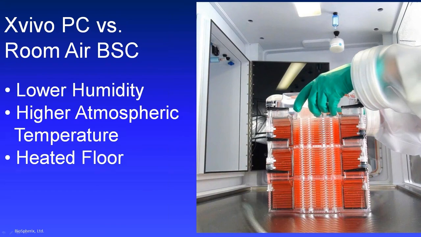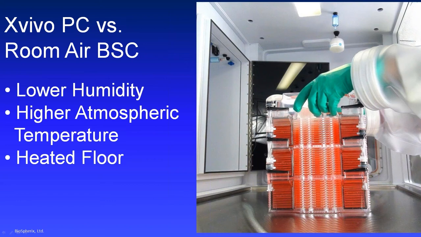Now, the Xvivo system is also unlike anything you've ever worked in before because it provides an environment for cell handling that actively discourages microbes. You have the lower humidity because all the gas comes from tank gases, which are dry. We have higher temperatures than you would find in a room air BSC, and we have the heated floor.